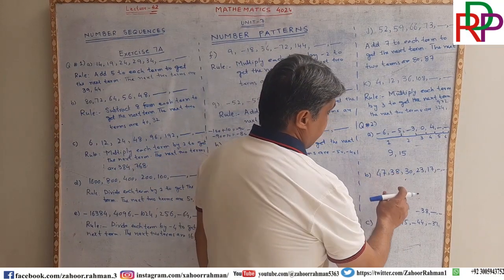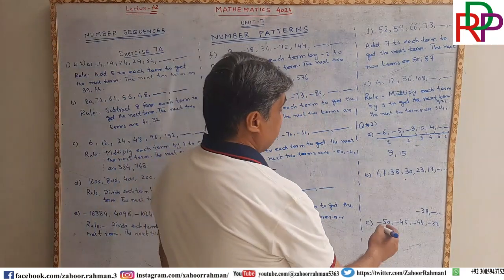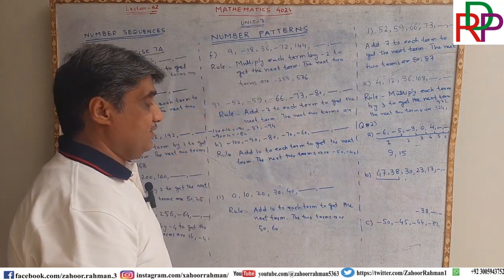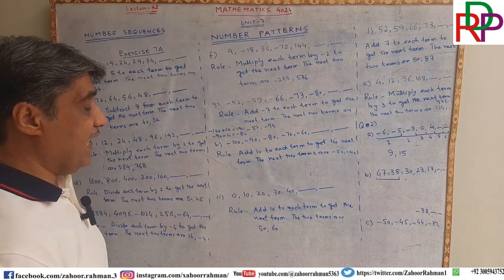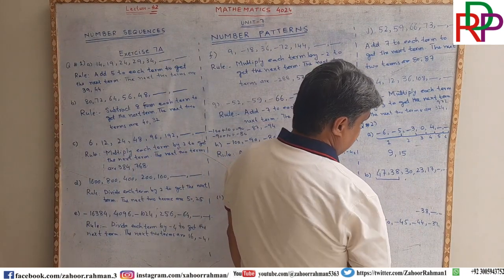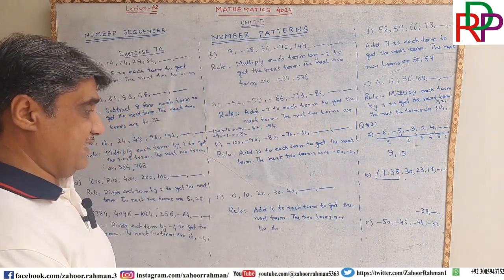Now the next one is 47 and 38. What is the difference? So we are subtracting in this case. How we will get from what we will subtract?